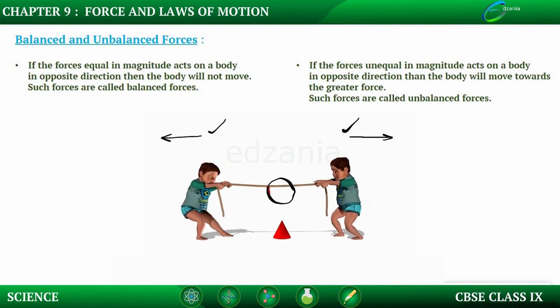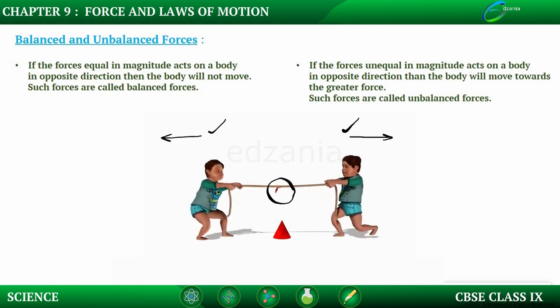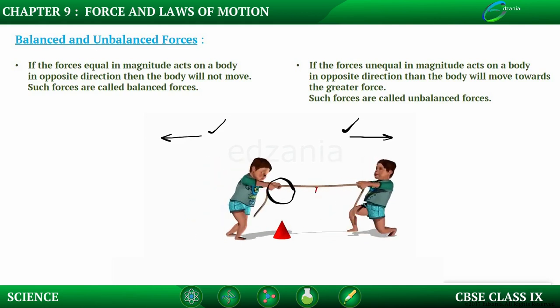See, till the time they have applied the same force, that is equal force, it remains at the center. However, when the force applied by this person, say F1, becomes greater than the force applied by this person, say F2, then the other person started moving towards right. Therefore, we can say that tug of war is an example of unbalanced forces.